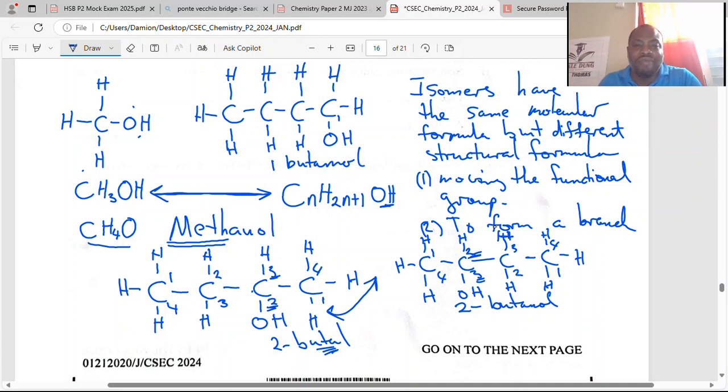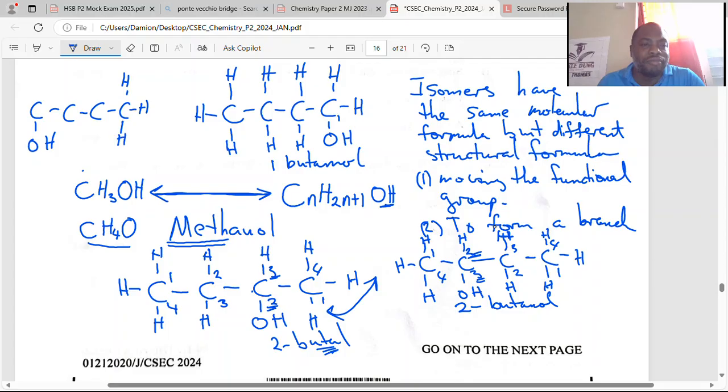Now, we said if you want to check it, all of these would have then been the same molecular formula as this. So if I come like this, guys, and I draw the OH, let me erase this. So if I draw this then, is this different from that?